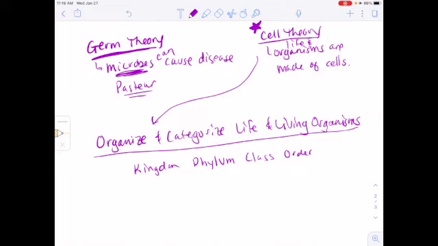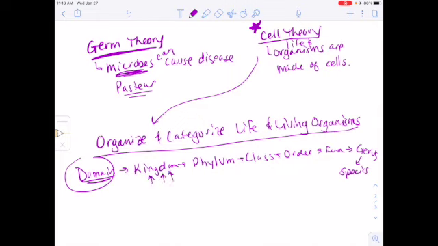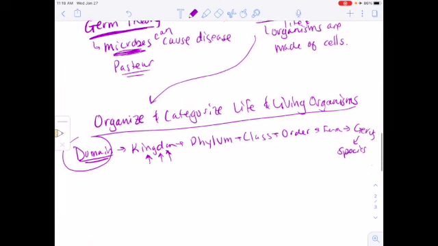I'm not going to worry about kingdom, phylum, class, order, family, genus, species. The important one is actually above the level of kingdom, and this is the domain. So it's actually domain, to kingdom, to phylum, to class, to order, family, genus, species. I want to focus on the domains because there's a lot of arguing in the scientific community about the kingdoms, and we've changed them so many times that it's just kind of a pain.